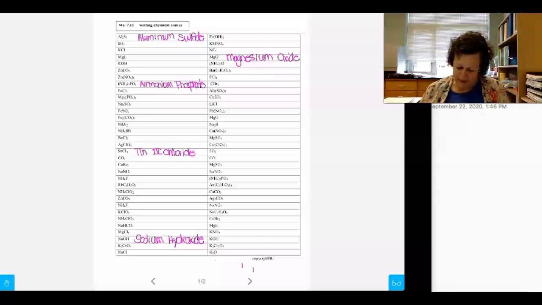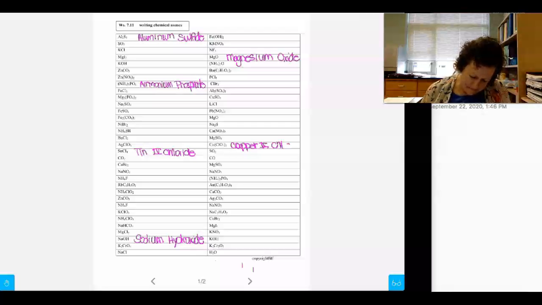Okay. Let's see. Cu(ClO3)2. It's a transition metal. It needs a Roman numeral. Copper 2 chlorate. Oh, this is where my iPad's a little messed up. And the last one, let's do a covalent one down here.